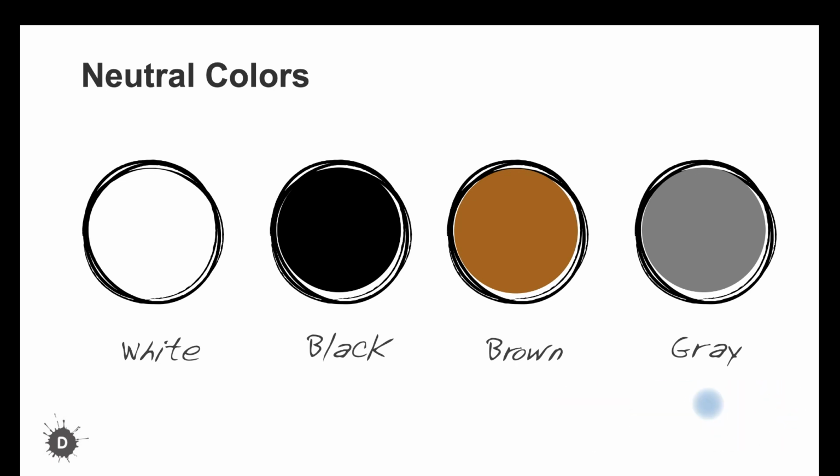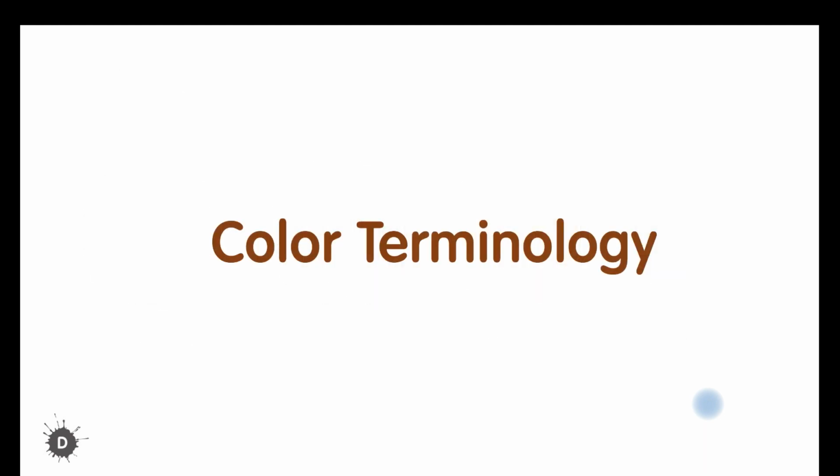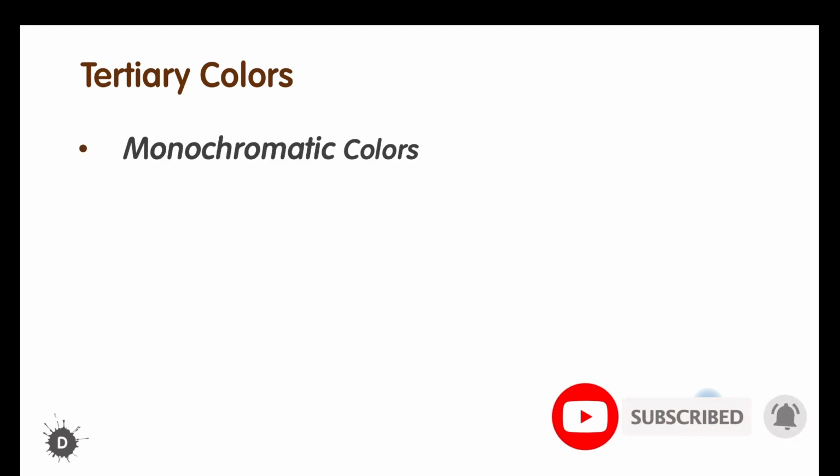Color terminologies. These are phrases or words that are used in color theories or in colors. Monochromatic colors: when one color is used throughout, with its shade, tint, intensity and value.